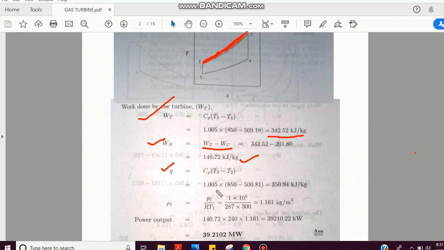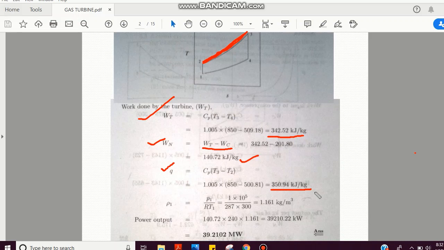By substituting the values of Cp, T3 and T2, we get the value of Q as 350.94 kilojoule per kg.